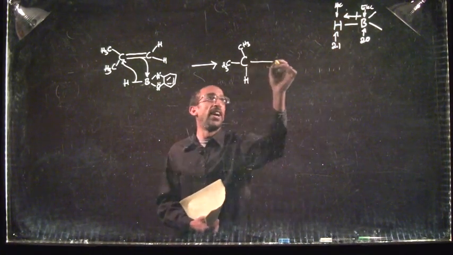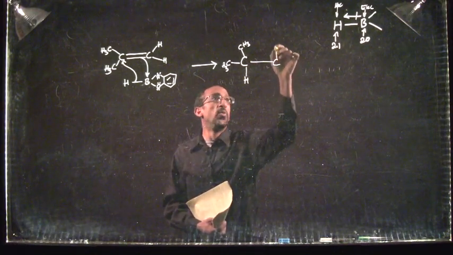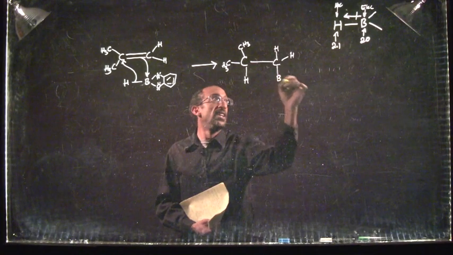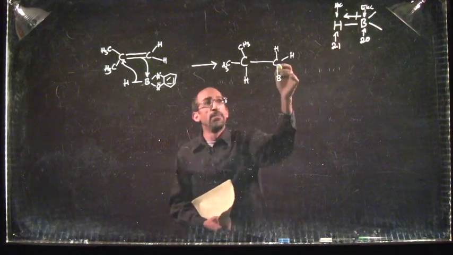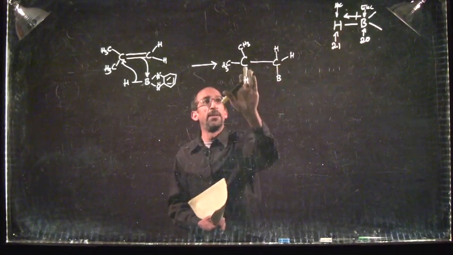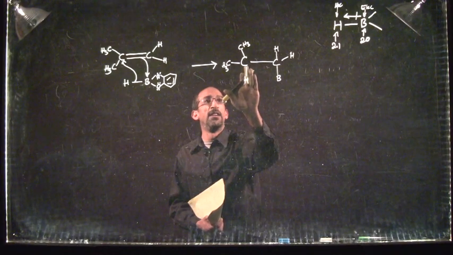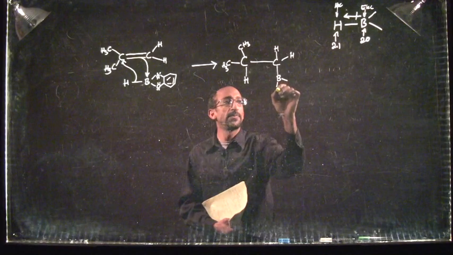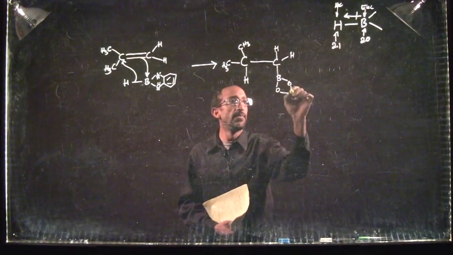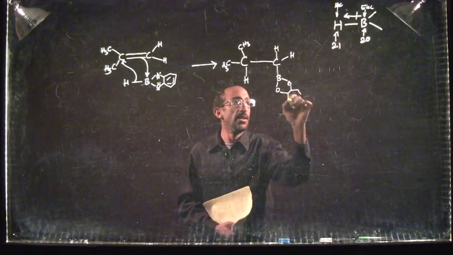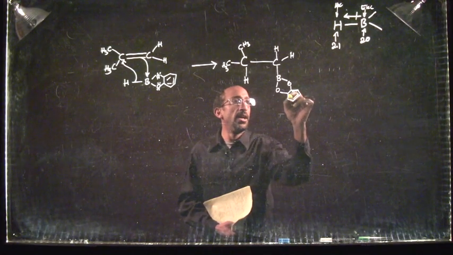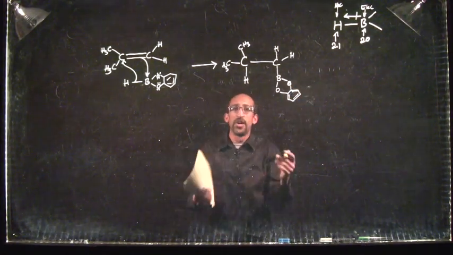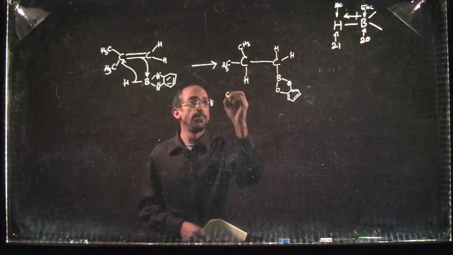And we see that we have obeyed Markovnikov's rule, in that my electrophile bonded in such a fashion that if the nucleophile wasn't there, I would have the most stable carbocation. And this intermediate that we formed is known as an alkyl borane.